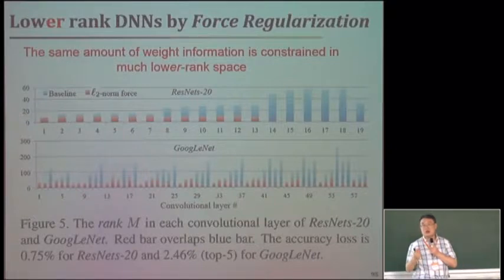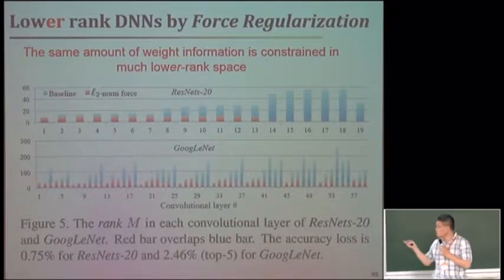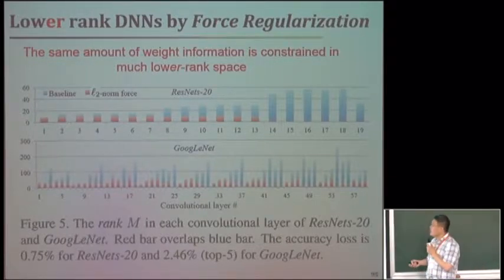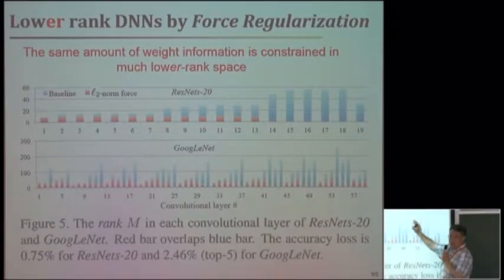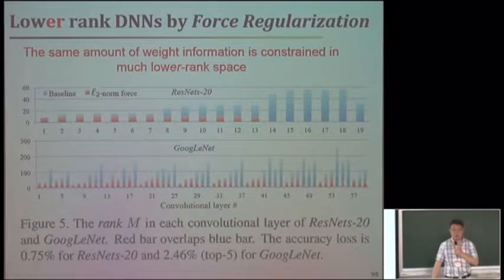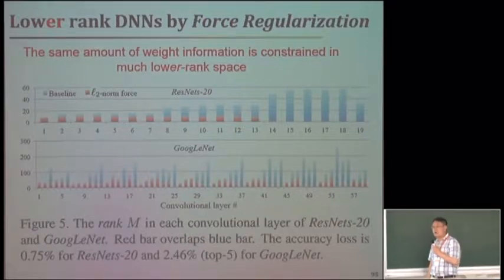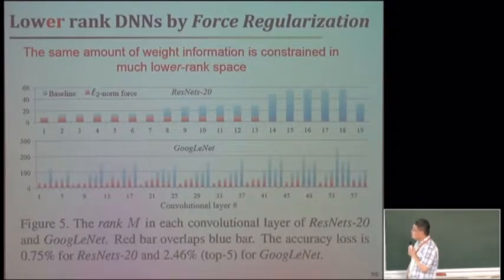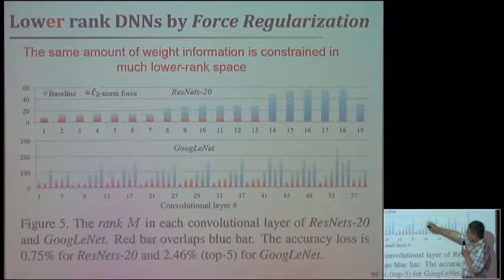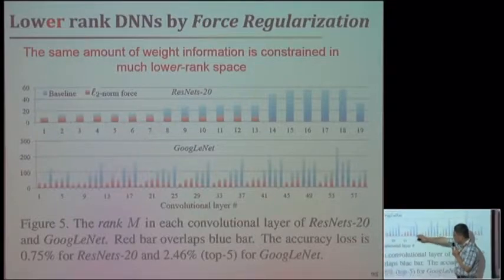So it actually implies two things. Number one, there were so many redundancies in the convolutional layers when their number is large. And number two, this information can be reduced by using this technique, the force regularization on weights. On the right side is ResNet, and this is GoogLeNet.